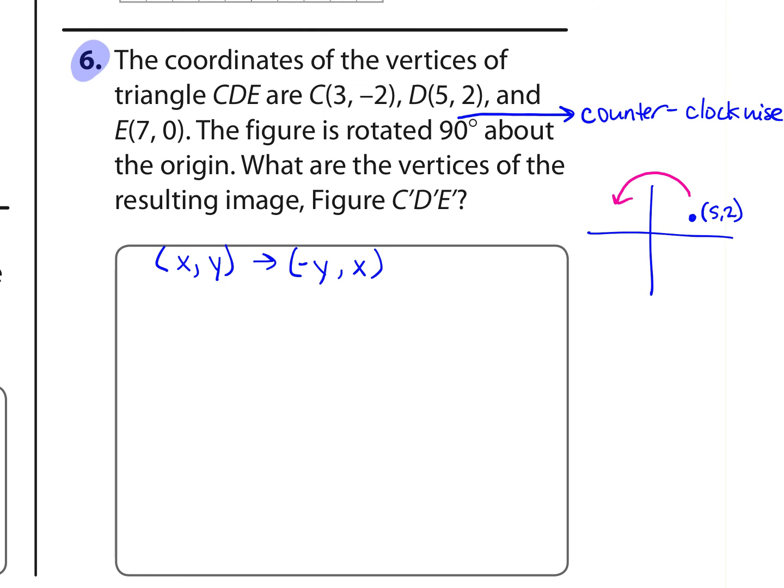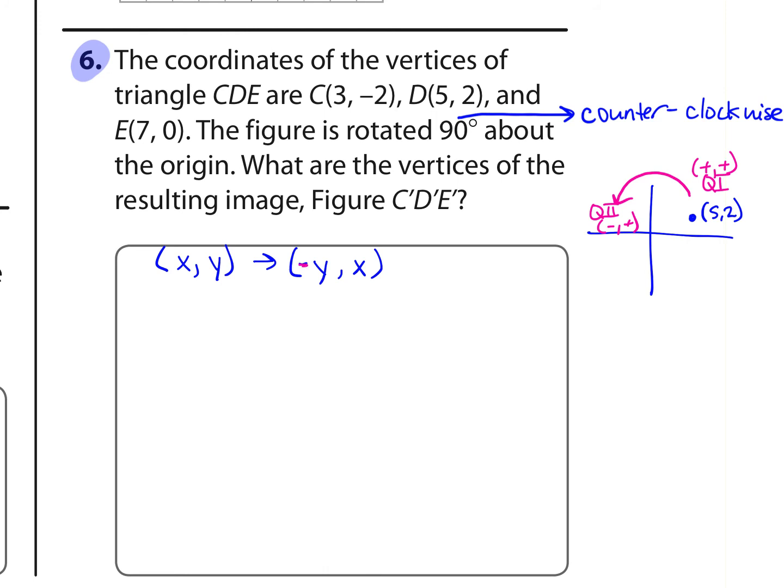I was in quadrant 1, which has positive x, positive y. Now I'm in quadrant 2, that has negative x, positive y. And so I know that my first coordinate is going to have to be negative, so that was another way we could have determined that.